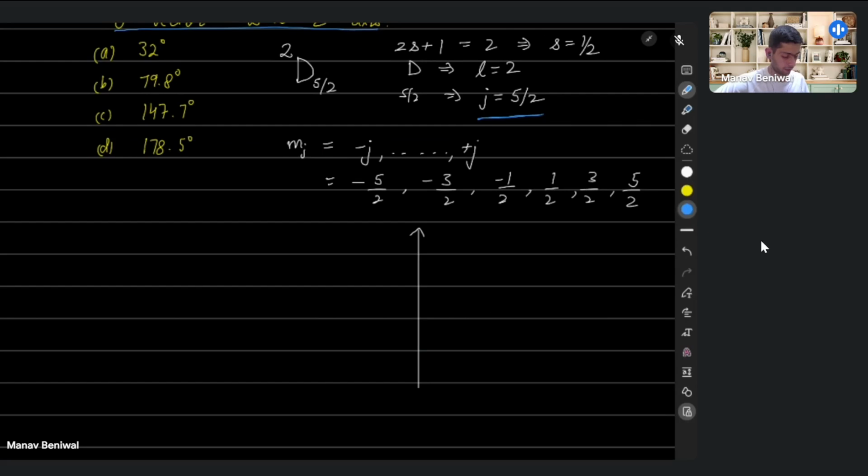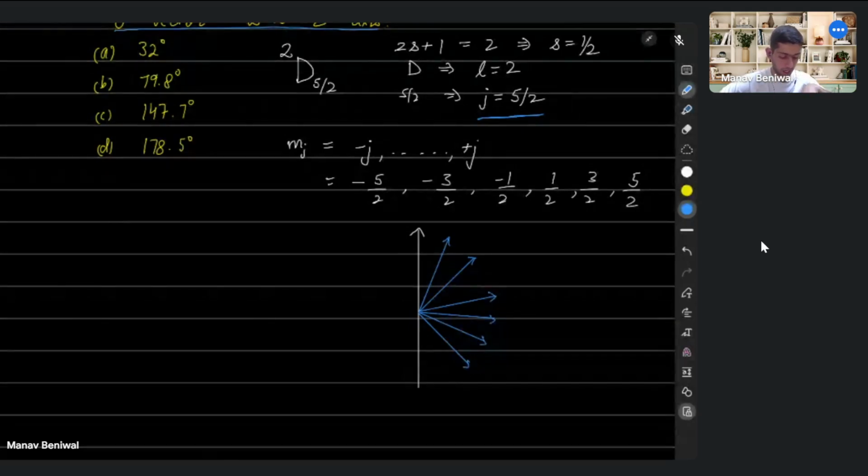We will have 6 angular momentums corresponding to different values of mj, right? So we will have one here, one here, one here, one here, so on and so on. So these are our 6 possible orientations with respect to the z-axis.